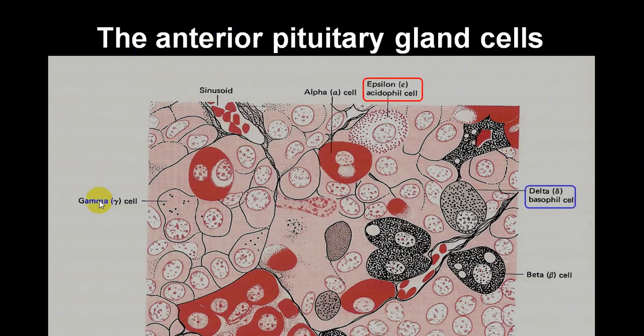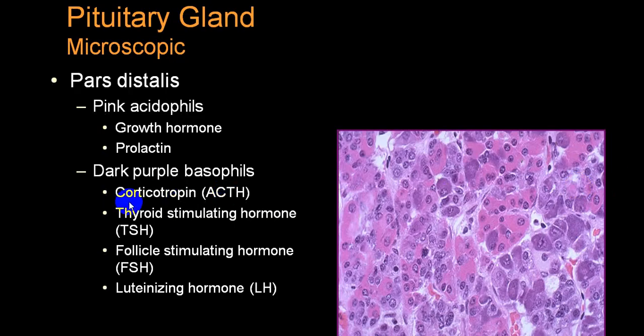So there are two names given to that. Acidophilic cells are also called epsilon cells. These will secrete growth hormone and prolactin. While basophil cells, or delta cells, will secrete corticotropic hormone, TSH, FSH, and LH.